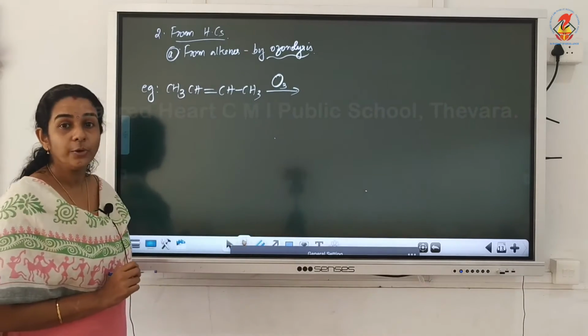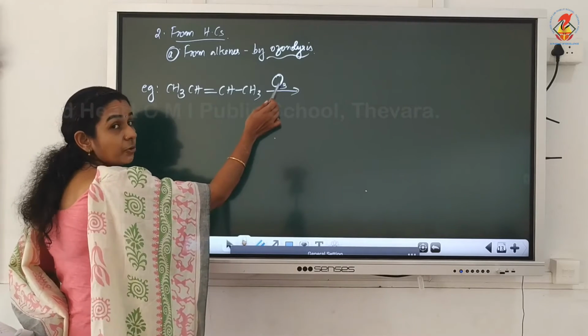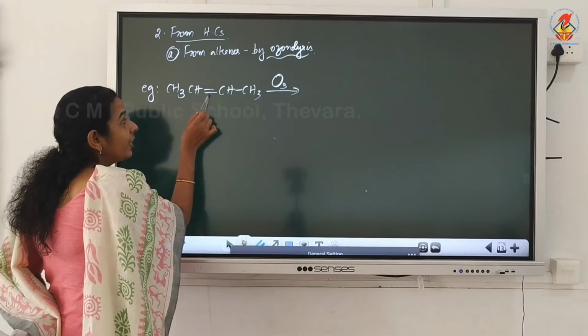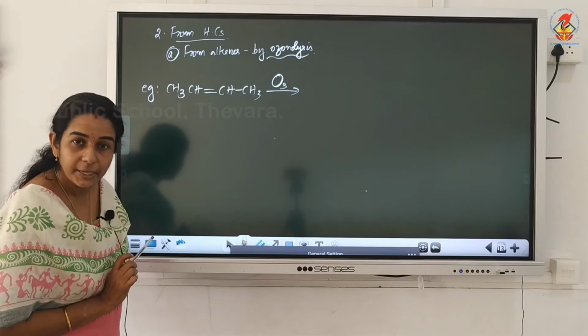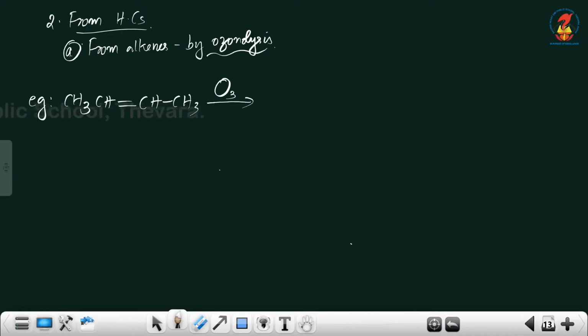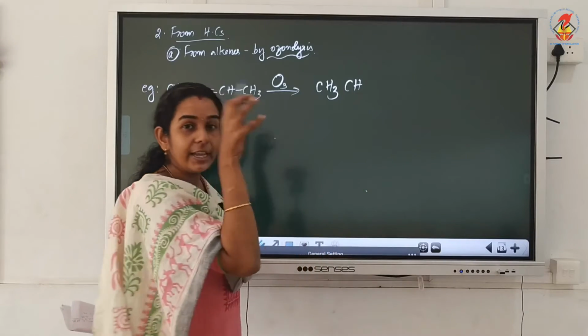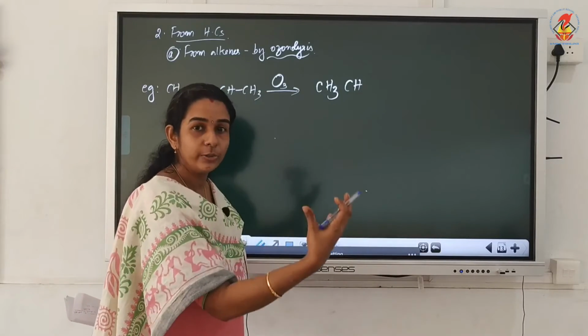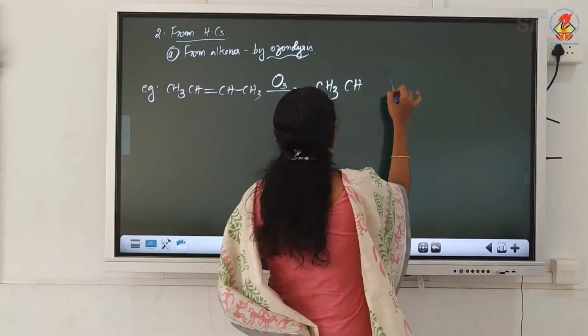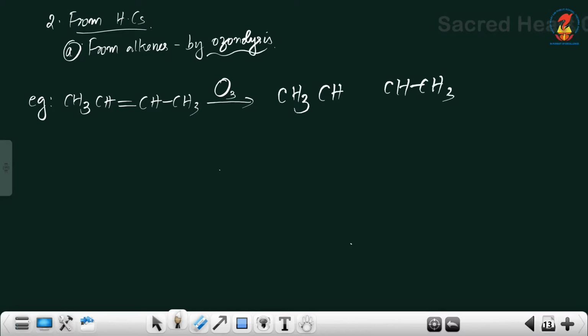We are adding ozone to the carbon-carbon double bond. So to write the addition product, first we have to remove the double bond. So it will be CH3, CH, remove the double bond because in the double bond we are adding ozone. Okay. So CH, single bond CH3.